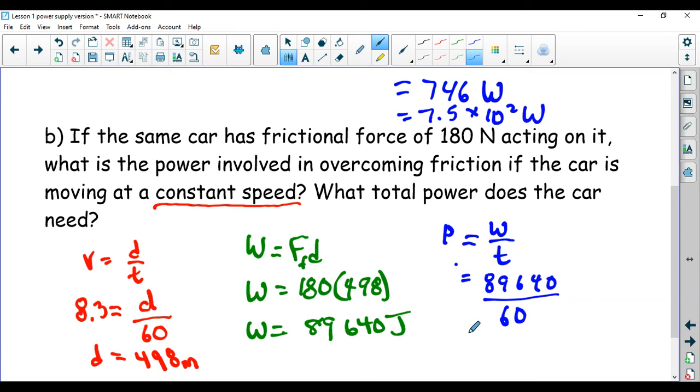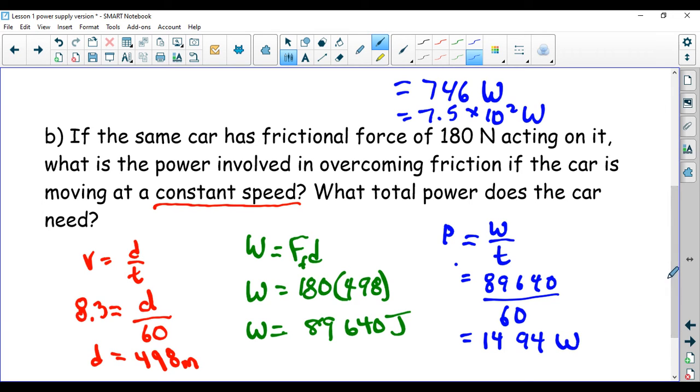Now, I know it's very tempting to make that a negative value, but remember, we put this work in. This was work that is not negative. It's positive because the engine had to do it. The engine is what's going to be doing that work. So that's why I'm keeping it positive. So I needed 1494 watts to overcome it.